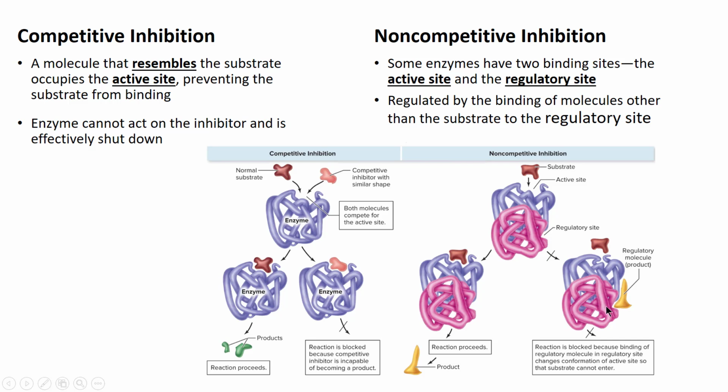The end result is the same. The product and the reaction are temporarily turned off or halted, but one involves competition through the active site, and the other involves a different mechanism, not via the active site. So as I mentioned, competition refers to the active site, so competitive and non-competitive refer to how the enzyme is being acted upon in relation to the active site.